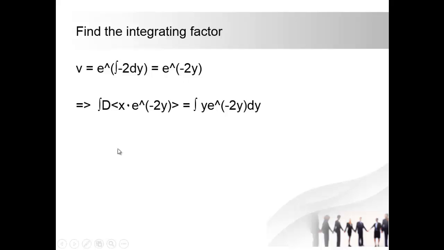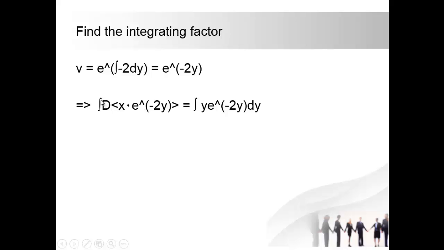Multiply the right hand side, which is y, with the integrating factor, we can get y e raised to the power of negative 2y. By the procedure of how to solve linear differential equation, we multiply x, which is the dependent variable, with e raised to the power of negative 2y.